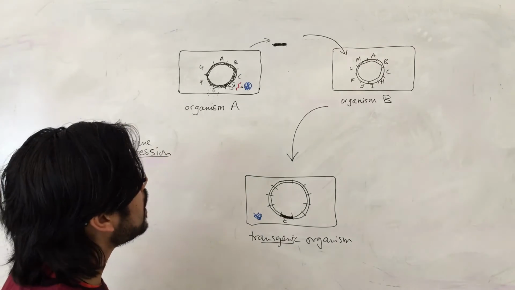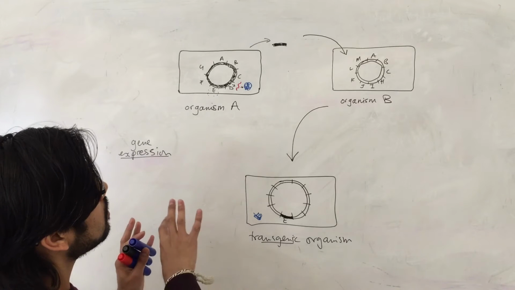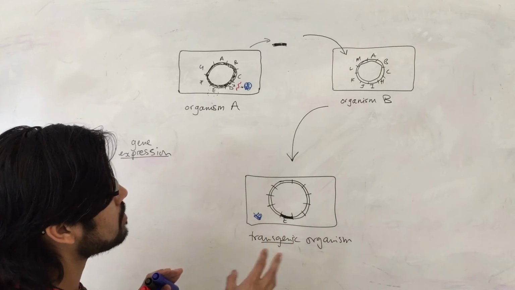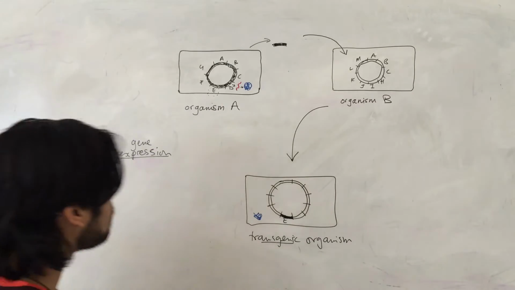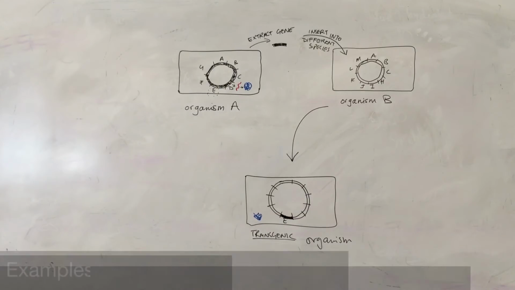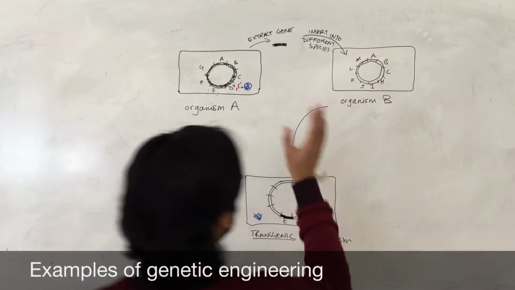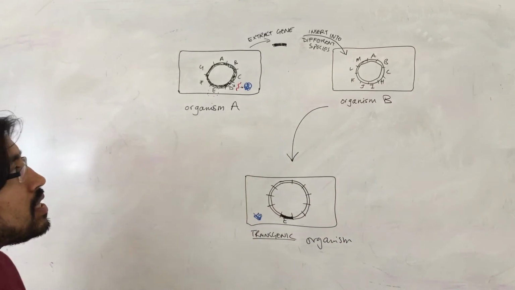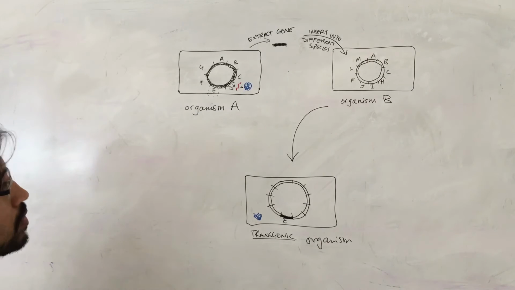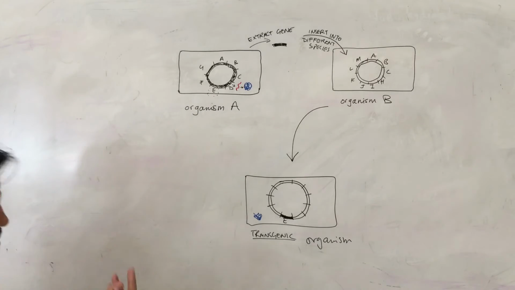So what we'll do now is we'll look at some examples of why you would want to do this. Okay, so I've just modified my diagram a little bit, just annotated the key steps. Okay, so now we'll begin, right?